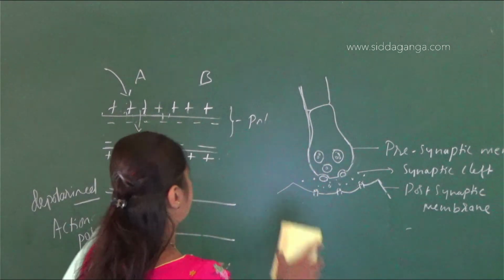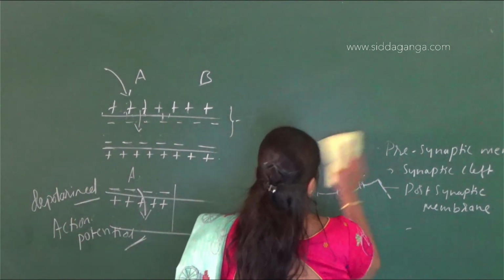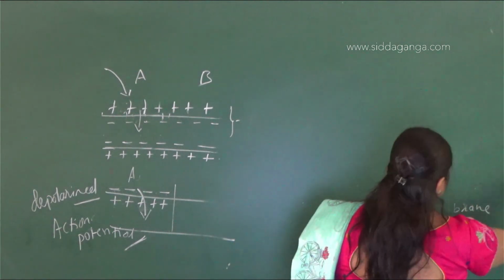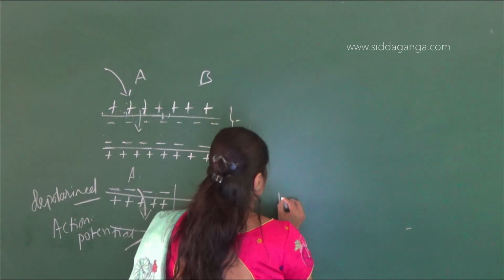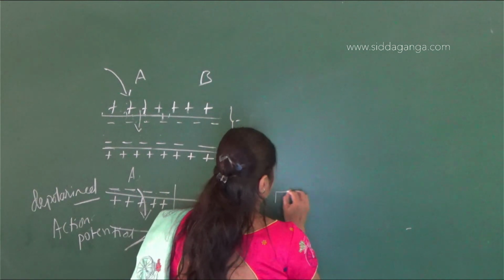So the question is, the age pyramid with a broad base indicates. A broad base means it is a bell-shaped pyramid. The age pyramid will come like this.